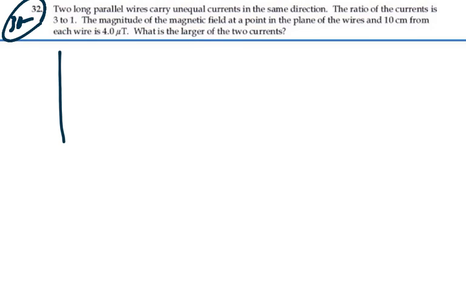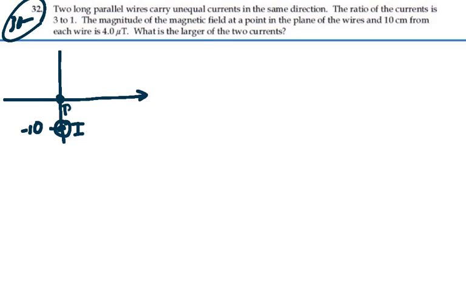Well, if we're in the same plane as the two wires, then the distance between these wires must be 20 centimeters, with this point being exactly in between. So let's think of it: one wire, let's call it I1, carrying a current out of the page, and is 10 centimeters away from the origin, which is the point that we wish to consider.